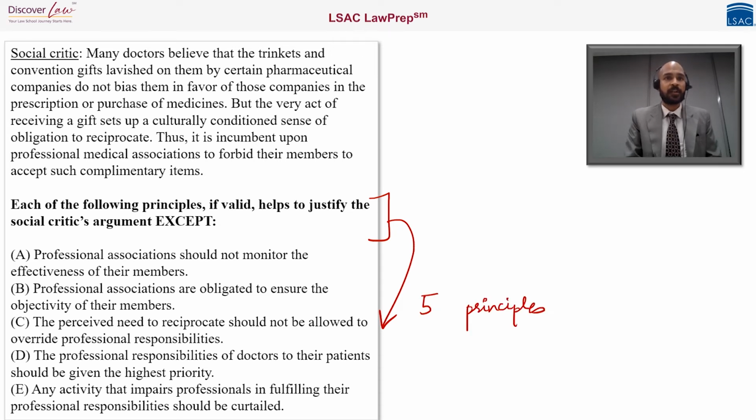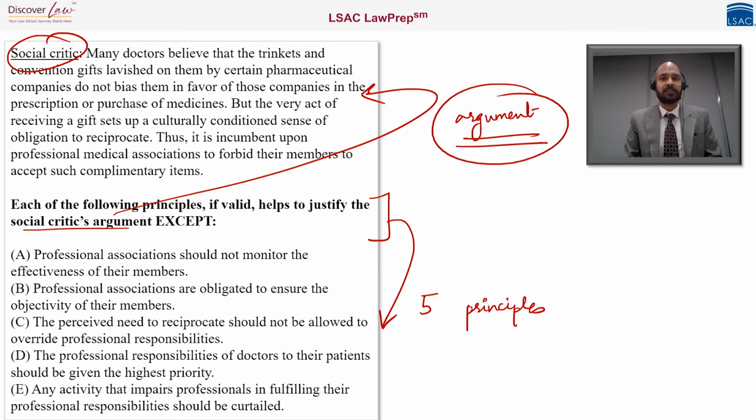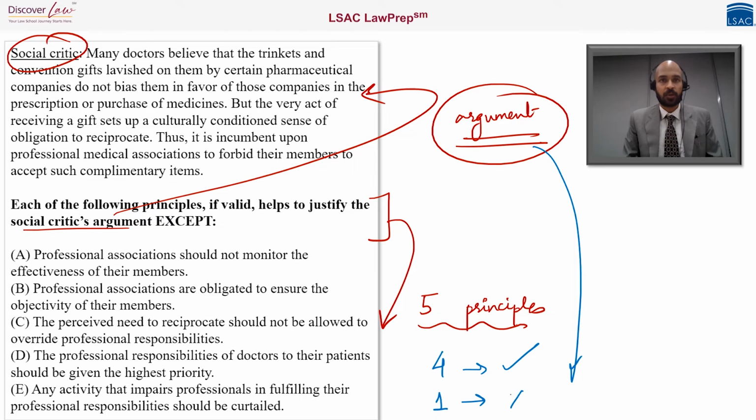And it also tells you that there's a social critic's argument here, which means basically this person's argument is in here. And it says that out of these 5 options, these 5 principles, 4 of these help justify the argument, and only one of these does not. And that is the exception, and that is our answer.